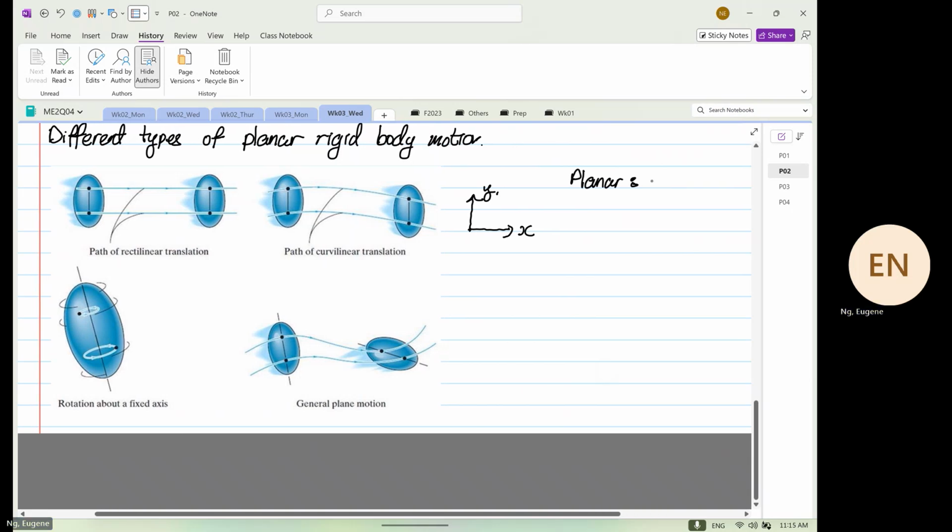The XY plane. Every dot that you see will have an X and Y coordinate, and Z is constant. We clear?